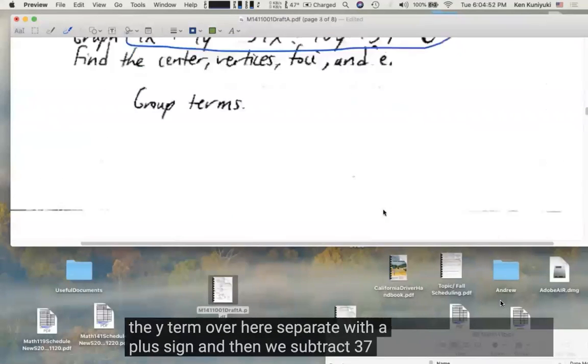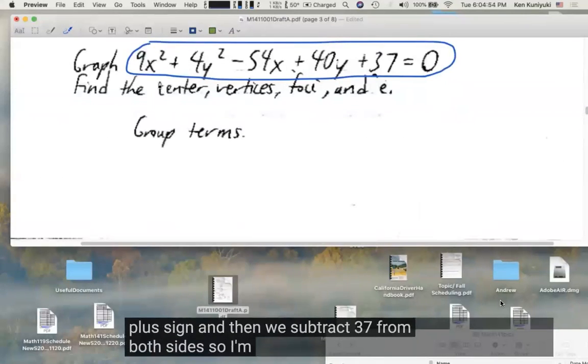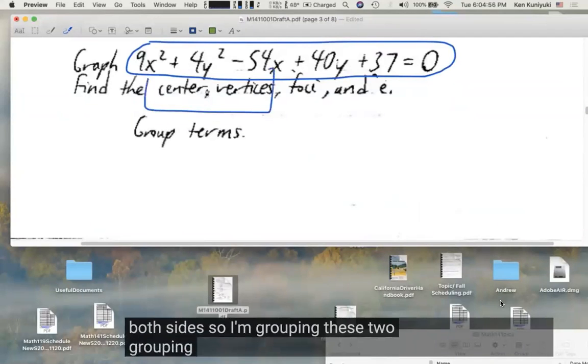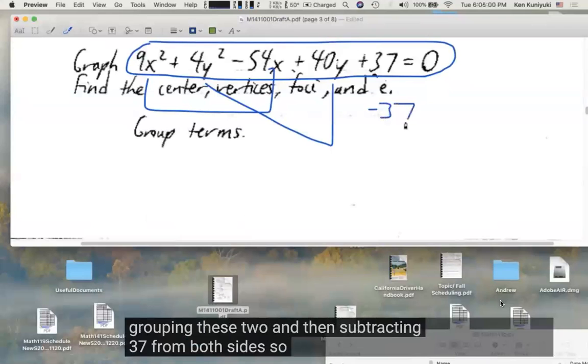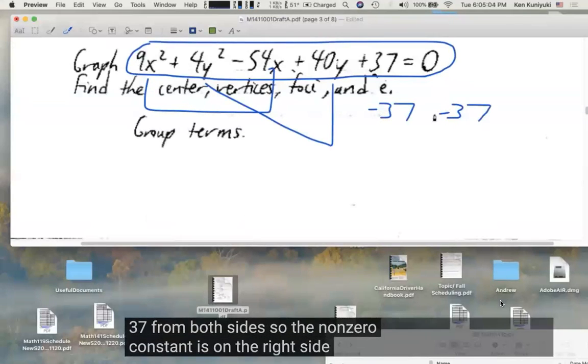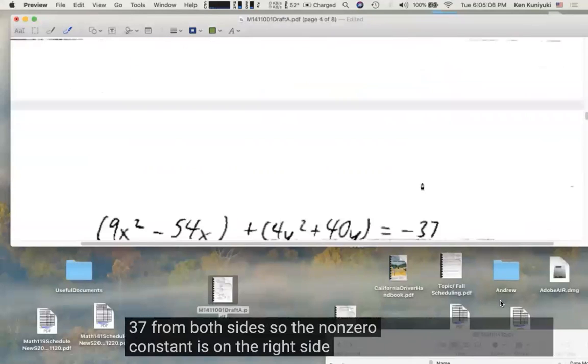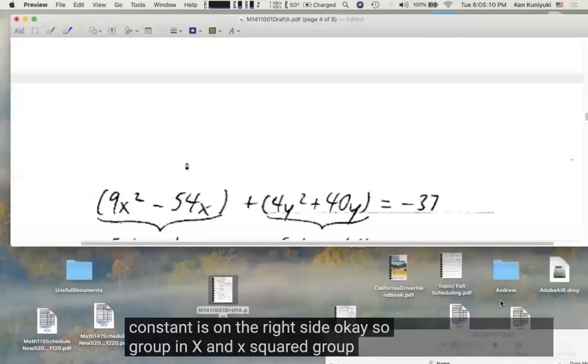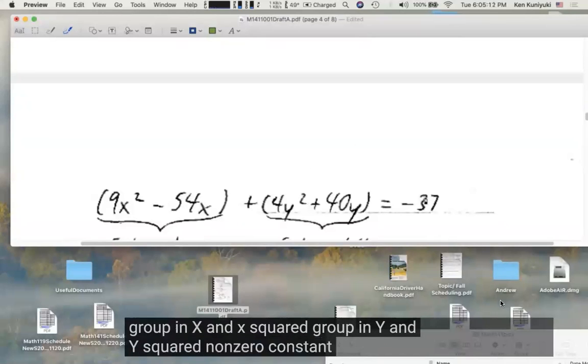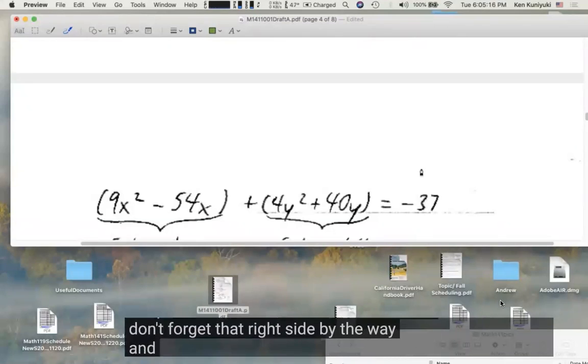And then we subtract 37 from both sides, so the non-zero constant is on the right side. Group in x and x squared, group in y and y squared, non-zero constant over here. And don't forget that right side, by the way.